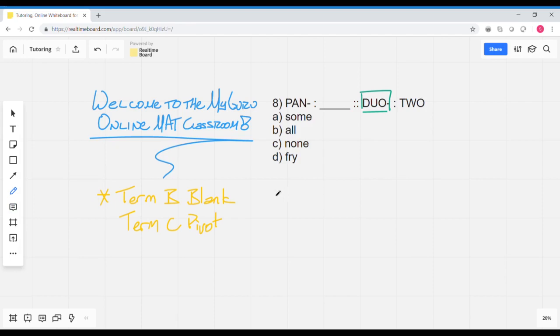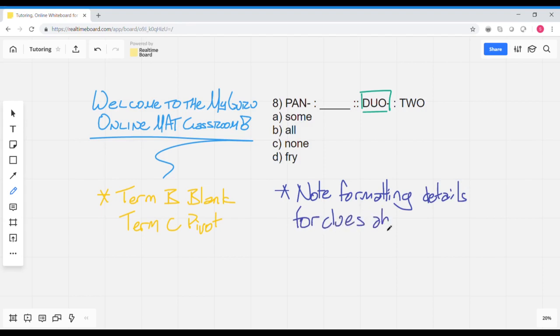Now, whenever you're looking at your analogy that's given, always note any formatting details for clues about the given analogy.